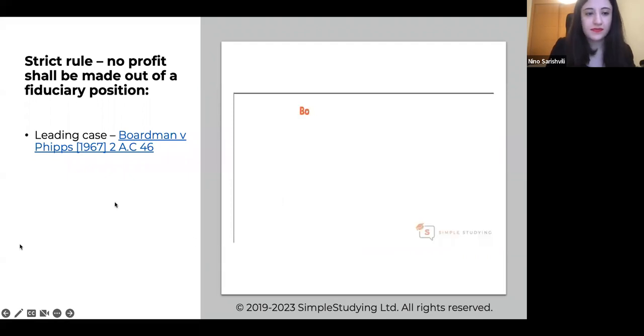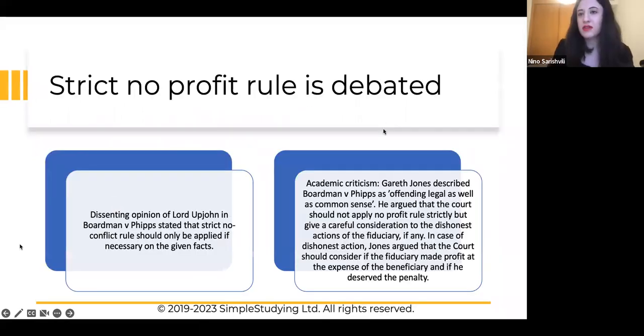So as you can see, Boardman versus Phipps is the main case where the strict no profit rule was established. Well, it was established before that as well, but it was confirmed in Boardman versus Phipps, and it's one of the most important cases.